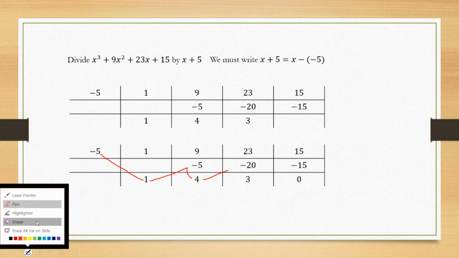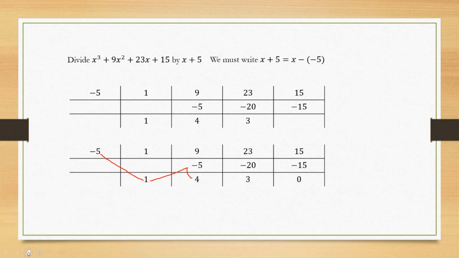Let me just fix that. There we go. And then you repeat the process. I don't want to keep drawing because that's going to get messy. We have -5 times 4, that's -20. The product goes here. The sum goes here, 23 plus -20. Notice here we get a remainder of 0.